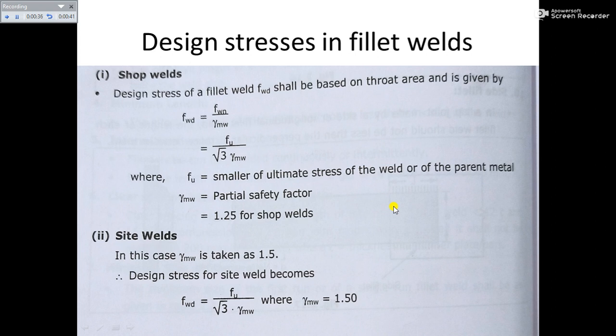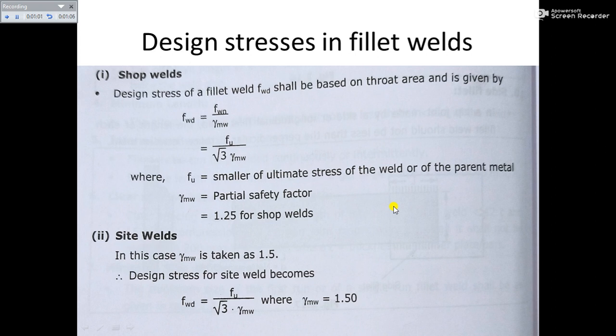At that time, some instruments may or may not be available, and we use improper means so that its strength is low as compared to the shop welds. So generally shop welds are preferred. So we'll start with the shop welds and site welds.